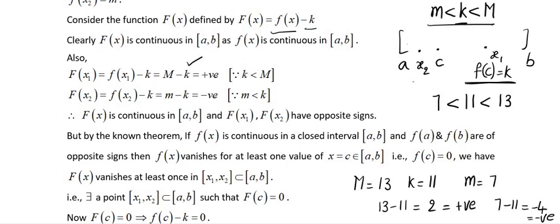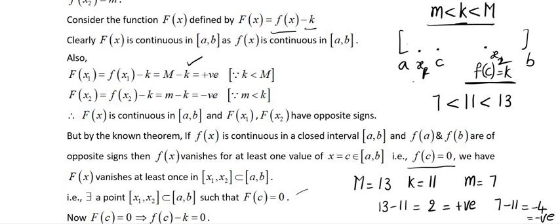That is, there exists a point c in closed interval x1 comma x2, which is a subset of a comma b, such that capital F of c equal to 0. This is the conclusion of the known theorem. By using this conclusion, we can write capital F of c equal to 0. Now, capital F of c equal to 0 means replace x equal to c.